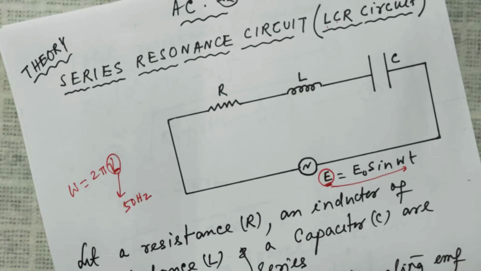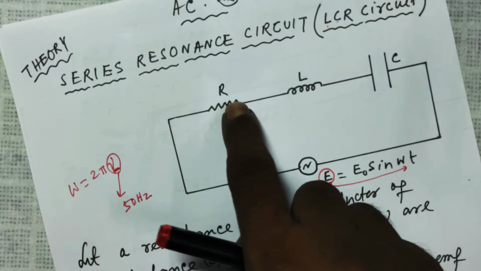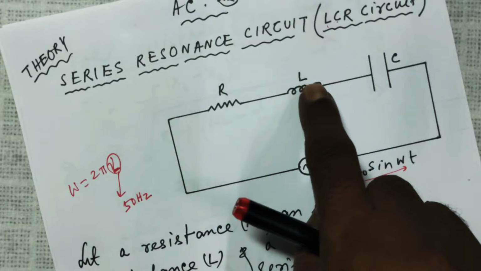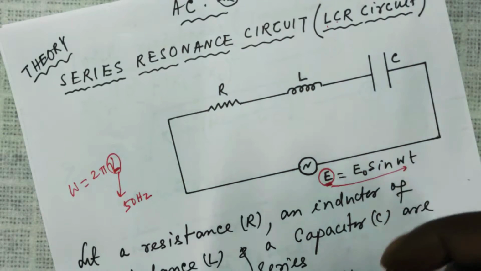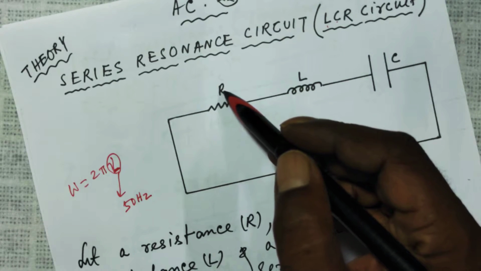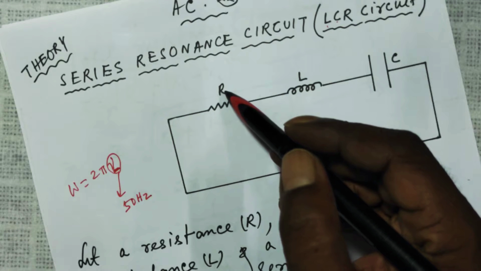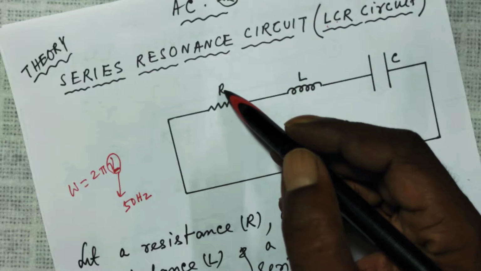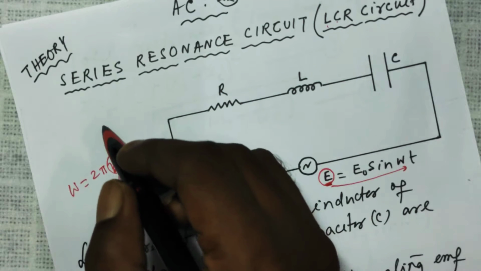So, in previous lessons, we had studied about these three elements: resistance, inductor, and capacitance. This was also opposing, and the nature of opposing depends solely on the nature of the material.